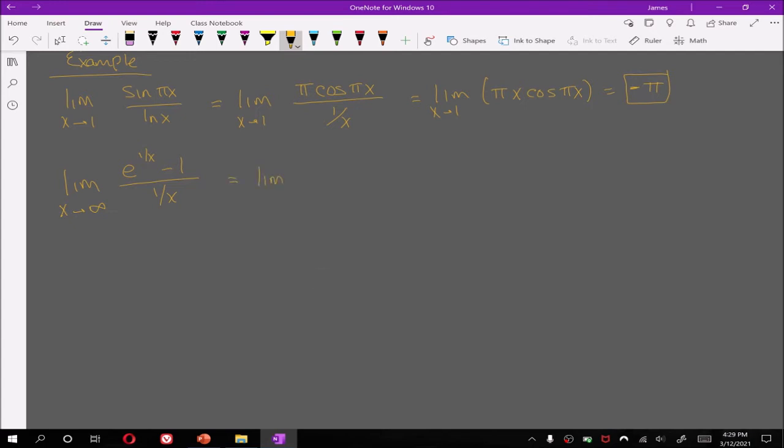So L'Hopital's rule says take the derivative of the numerator, which is negative 1 over x squared e to the 1 over x, over the derivative of the denominator, negative 1 over x squared. This will become the limit as x approaches infinity of just e to the 1 over x, which is e to the 0, which is 1. So this limit is 1.